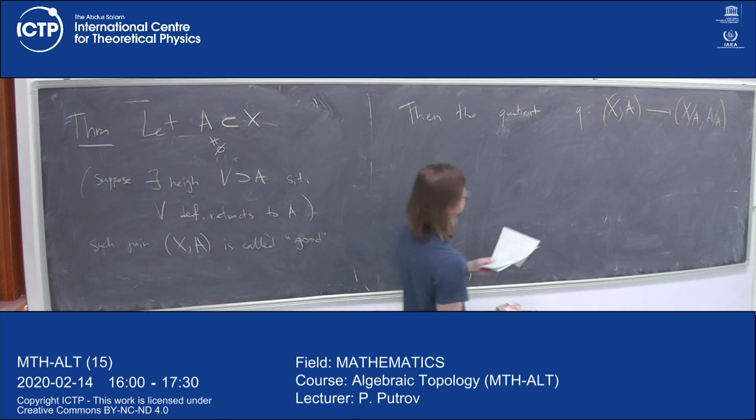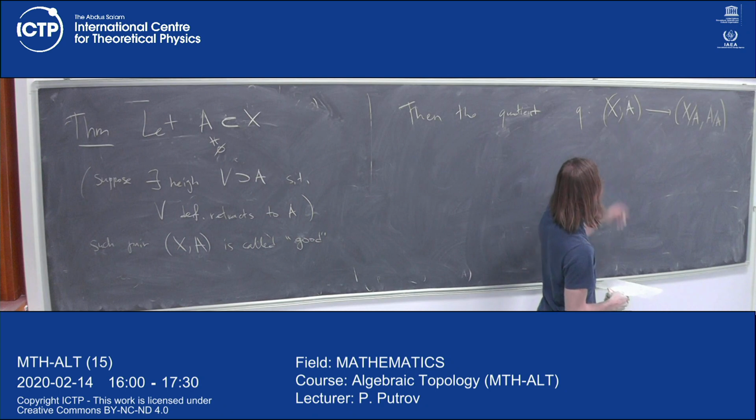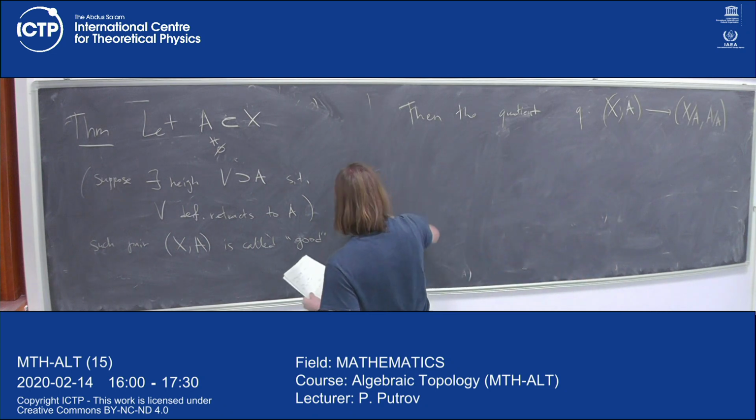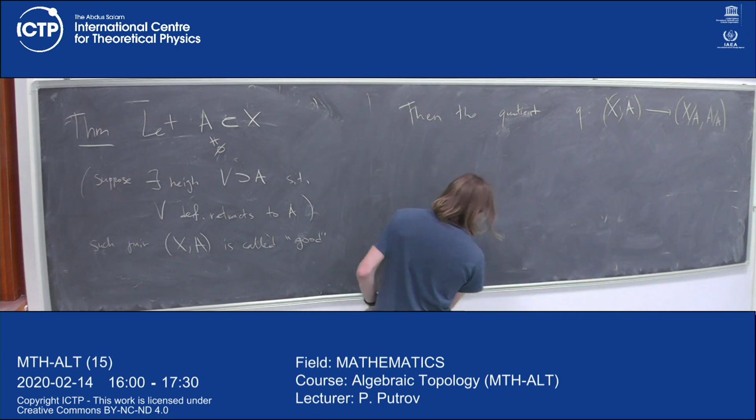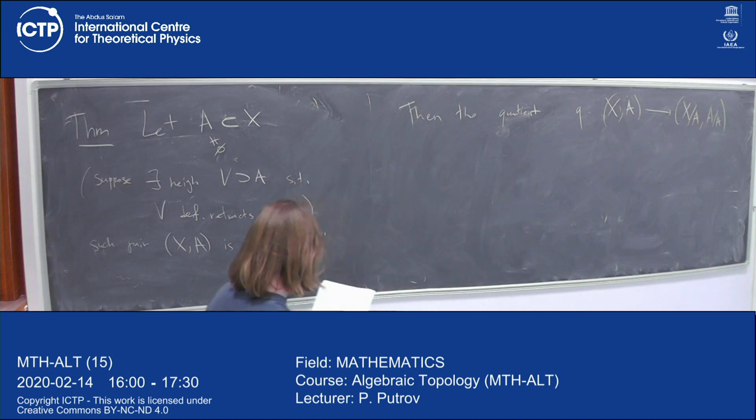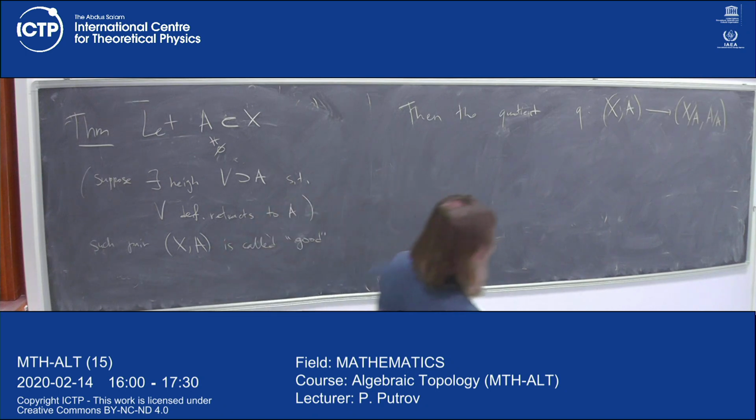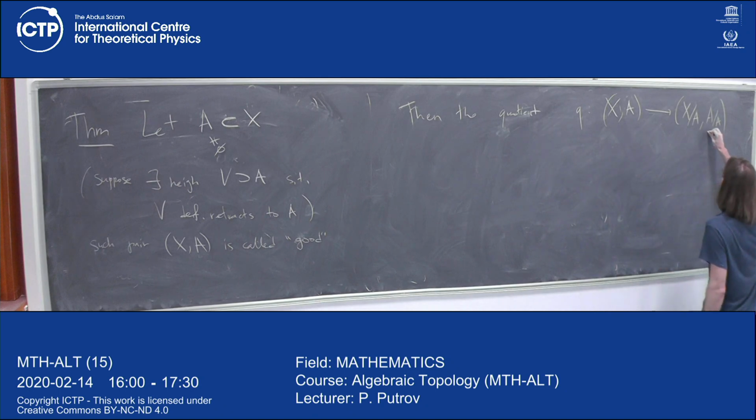The equivalence relation is that a point belonging to A is equivalent to any other point belonging to A. And so of course this quotient is just a point. It's a unique equivalence class.